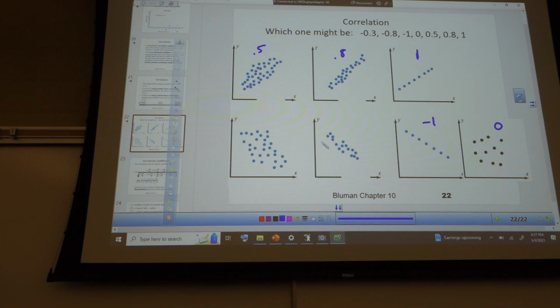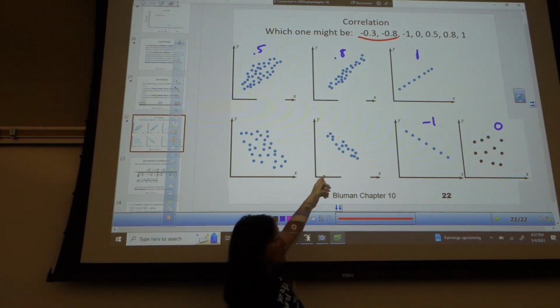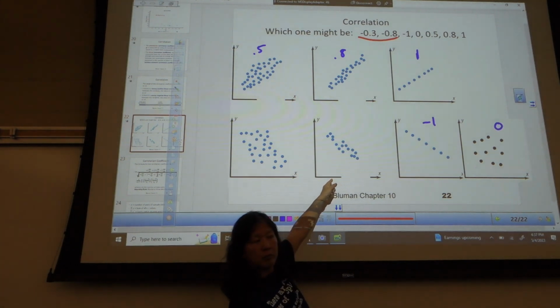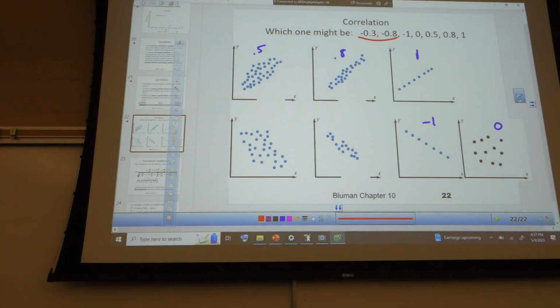These two here are both negative, so those are going to be those two right there. Which one's more like a line? Second one. So which one is closer to -1? Negative 0.8. Yep. Good.